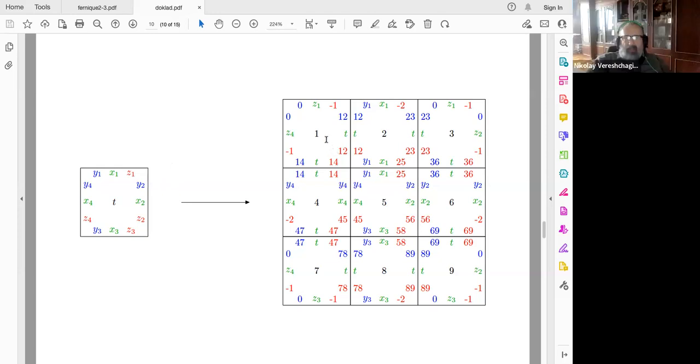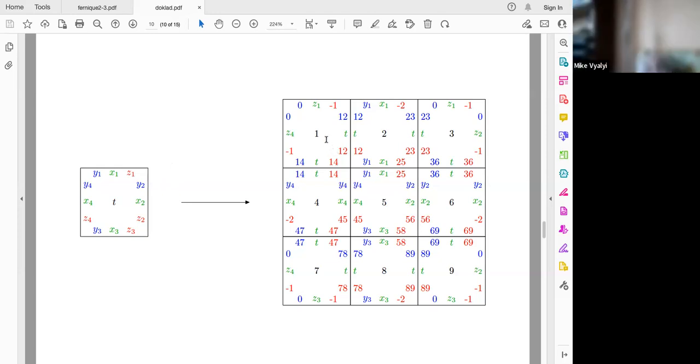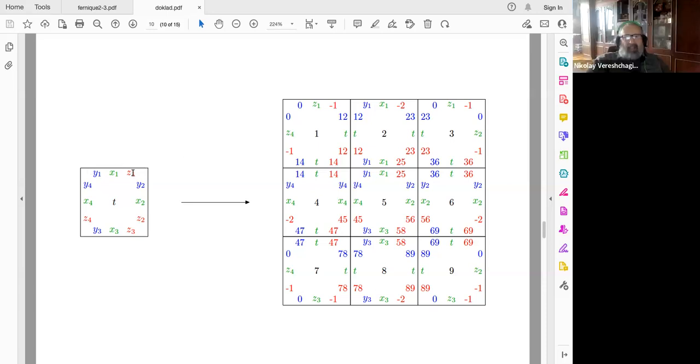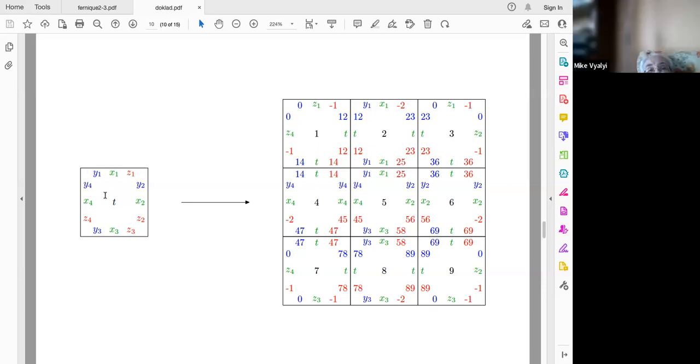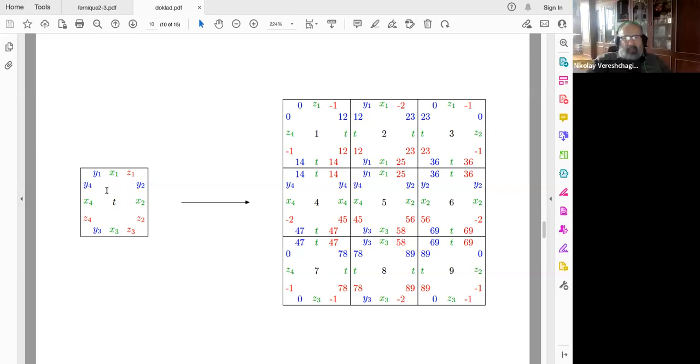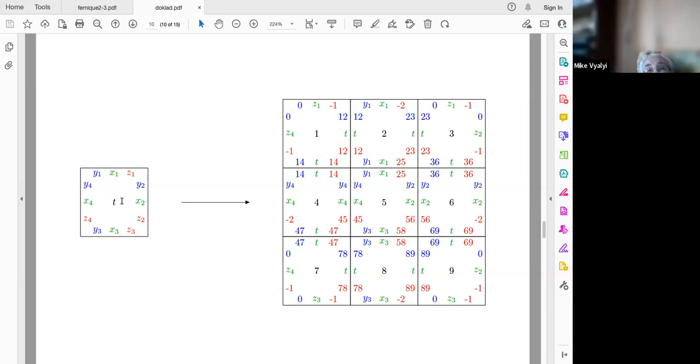Why is it clear? Because we have discussed that variables on the top side allow us to restore the variables on the top side. On the left side, the same. And so on. And what about T? T appears many times.